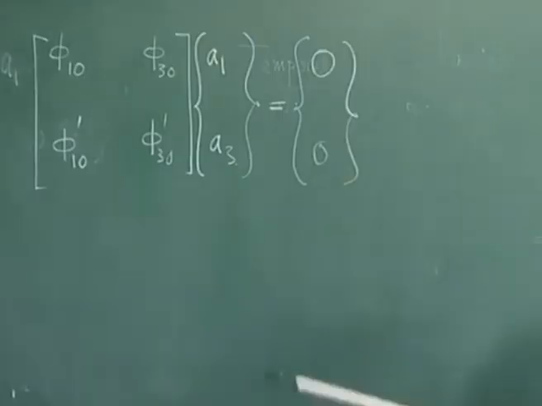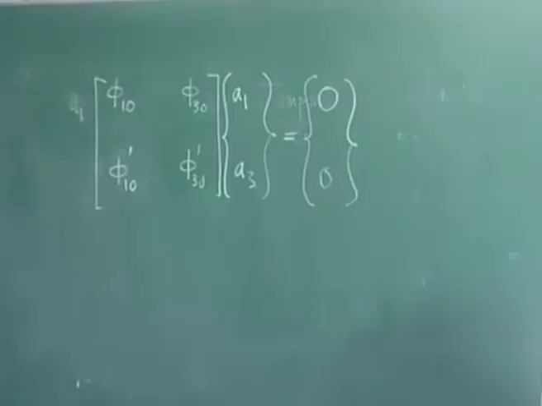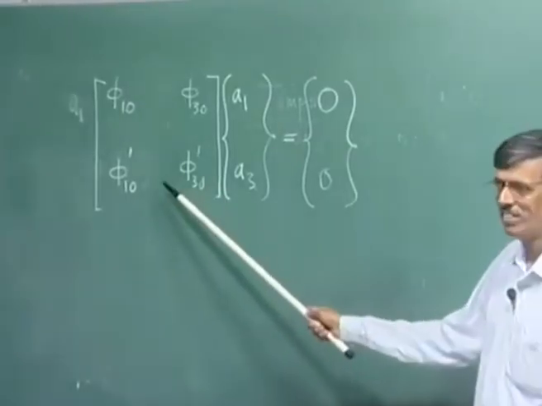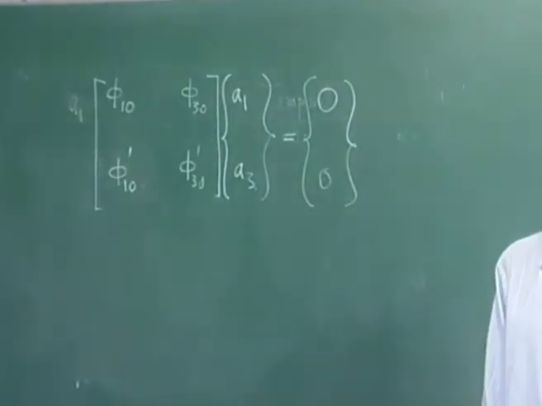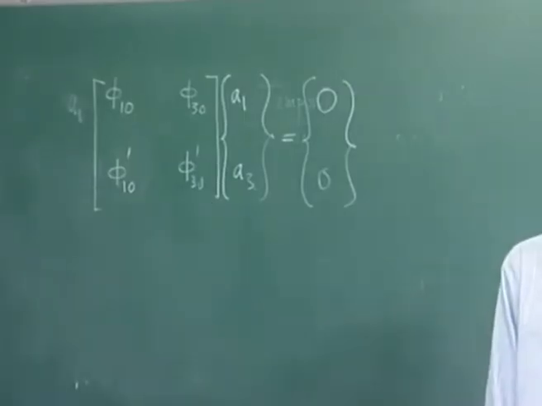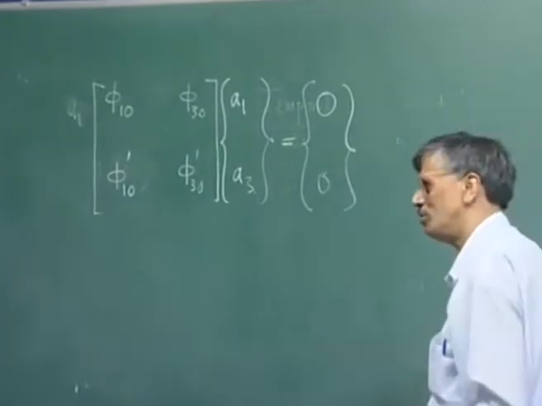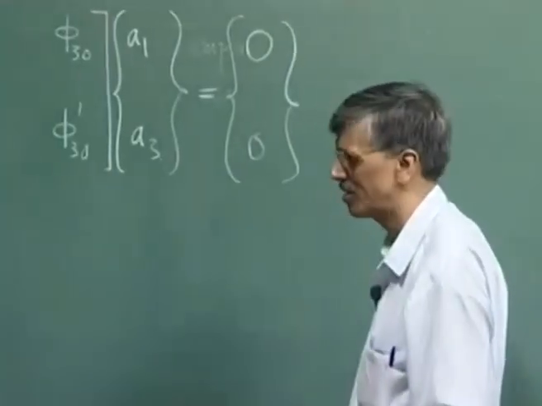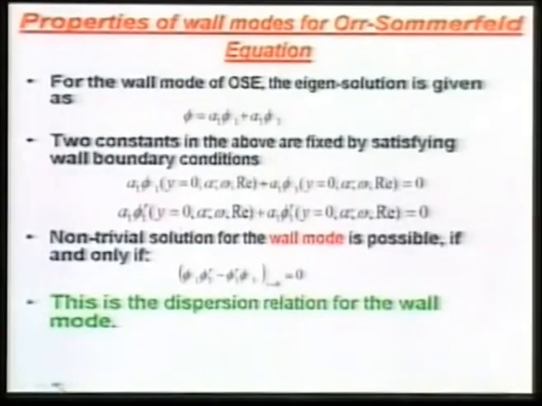Then we are trying to look for a non-trivial solution for A1 and A3. How can that happen? It can only happen if this matrix is singular. How can that happen? The determinant of that matrix equal to 0. And you see how they make life complex by simply saying that this is equal to 0.